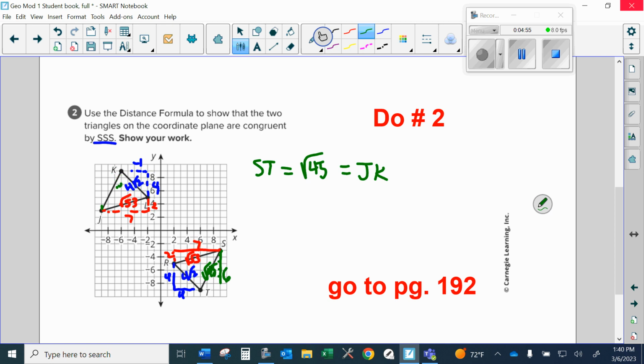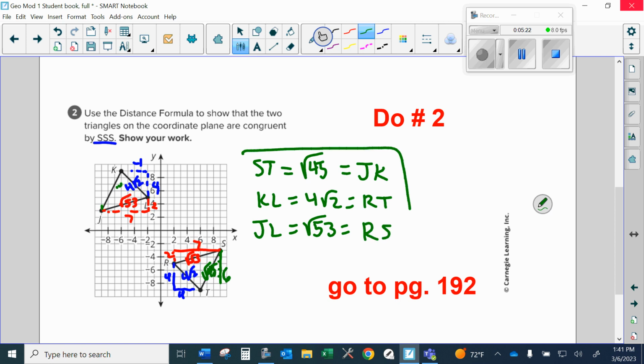Okay, and then I have KL equals 4 root 2 or square root of 32, which also equals RT. And then I would say JL equals square root of 53, which is the same length as RS. Okay, so this is what you would type in your box. You actually have to calculate out the length of each side.